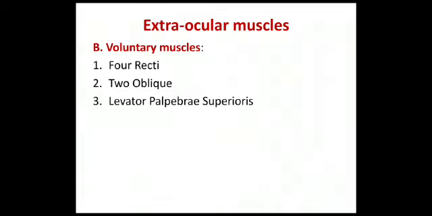Next, coming to the voluntary muscles. We have the recti muscles which are 4 in number, the oblique muscles which are 2 in number, and the muscle of the eyelid which is called the levator palpebrae superioris.